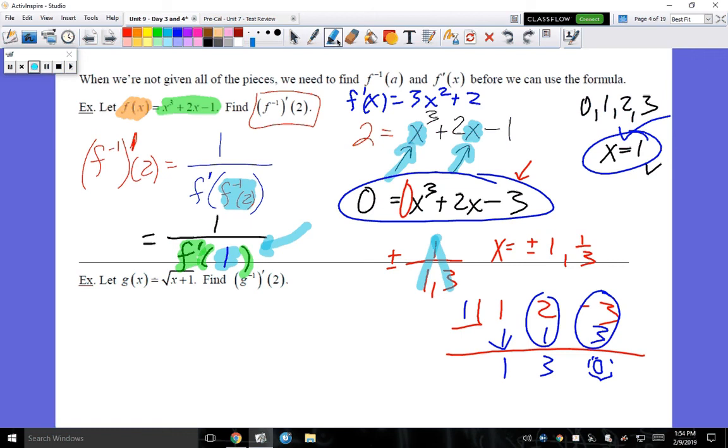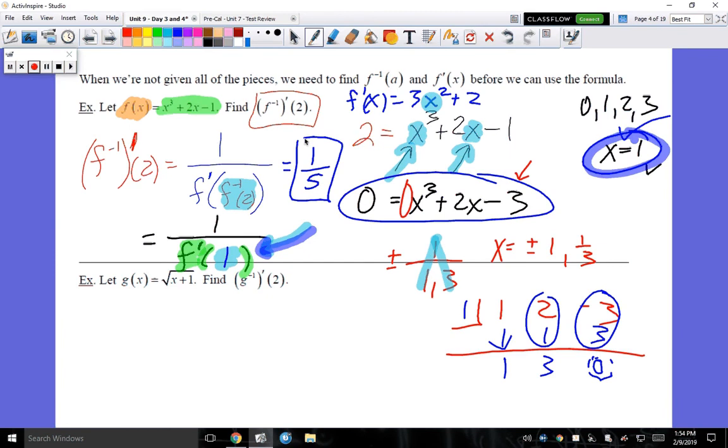The answer I got way over here, which I put as my input value, I'm going to put right here for x. So it would be 1 squared is 1, times 3 is 3, plus 2 is 5. But again, it's the reciprocal, so the answer is 1 over 5.